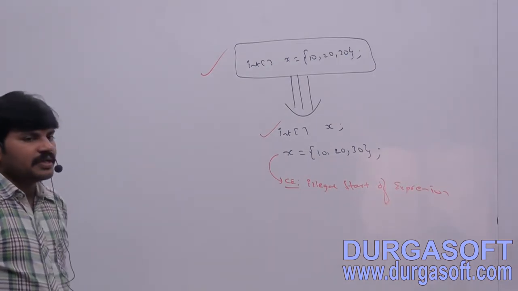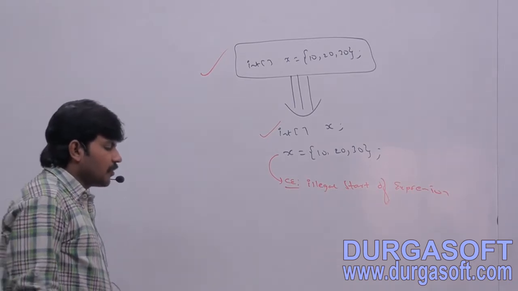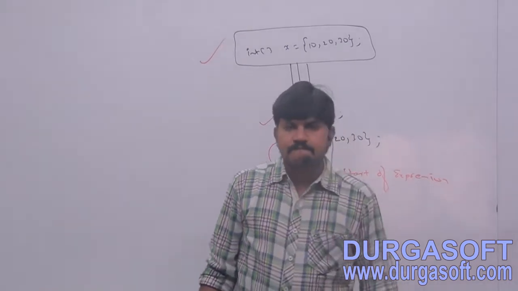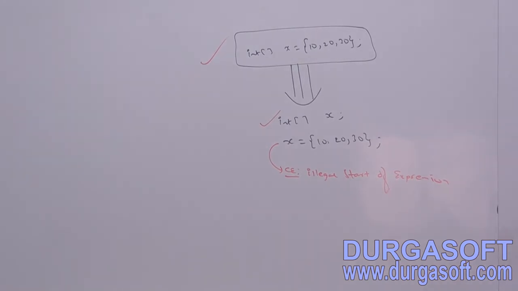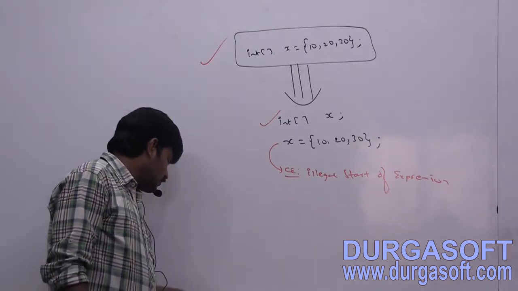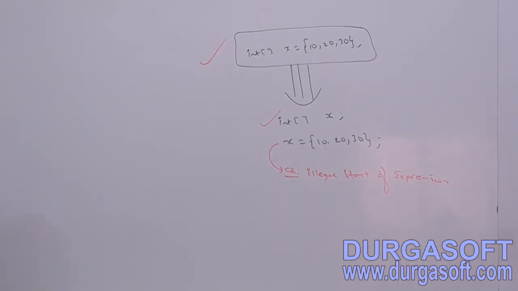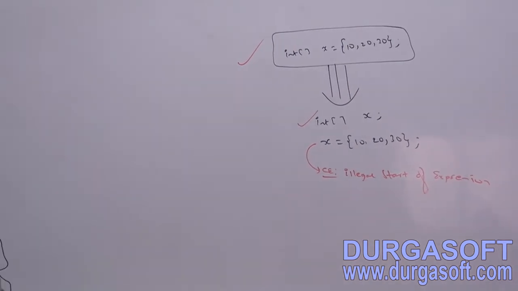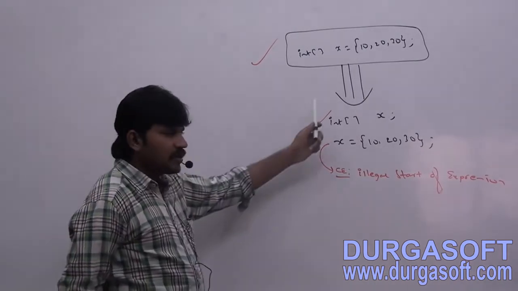Now if I try to divide it into multiple lines, we are going to get a compile time error by default. Int array x is equal to 10, 20, 30. Is it clear for all of you?